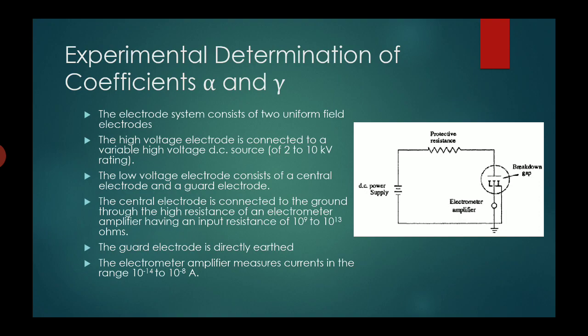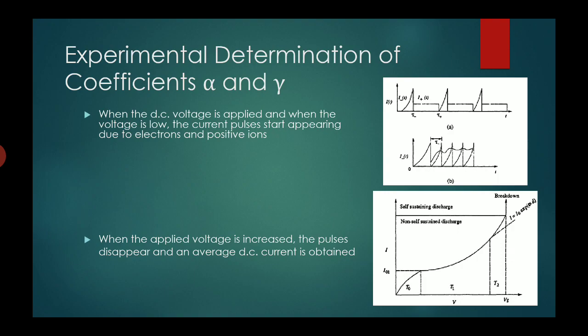The cathode is irradiated using an ultraviolet or UV lamp kept outside the chamber. Now we are triggering the gaseous breakdown.